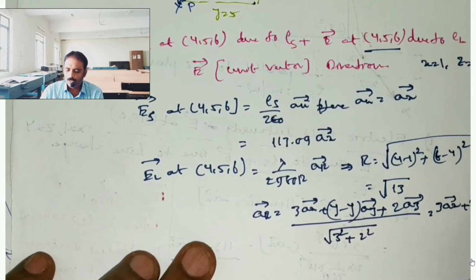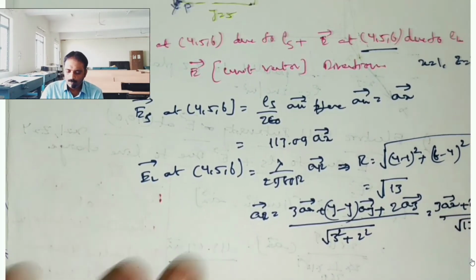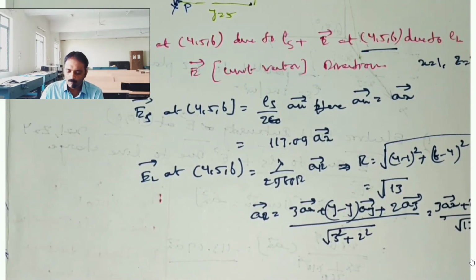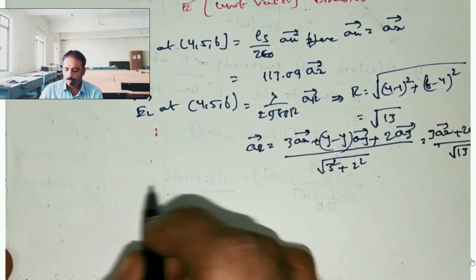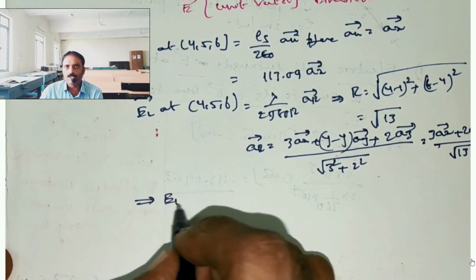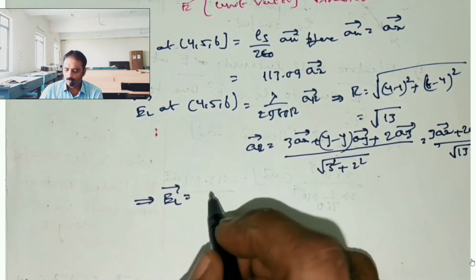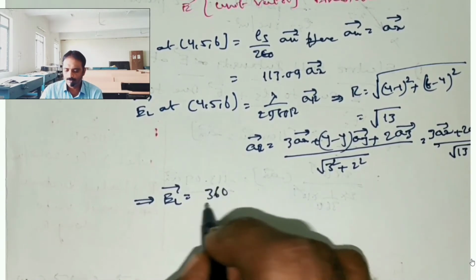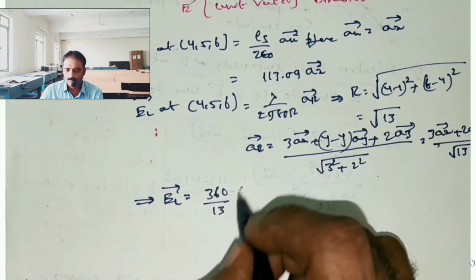Substitute R and AR bar in the formula. We get EL bar as equal to 360 divided by 13 into 3AX bar plus 2AZ bar.